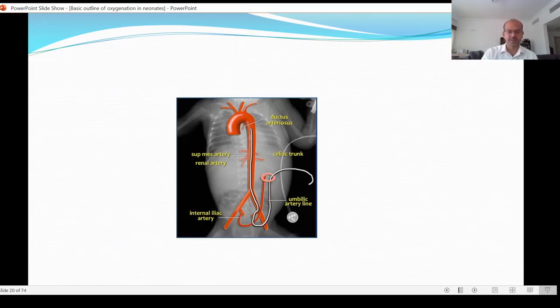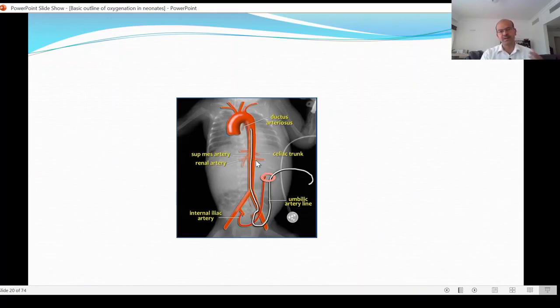So it's very important that we use this as a confirmation of whether it is in the umbilical artery or not. This also illustrates the different positions where an umbilical arterial line may be located. So we have the celiac trunk, we have the renal artery, we have the superior mesenteric and the inferior mesenteric vessel.